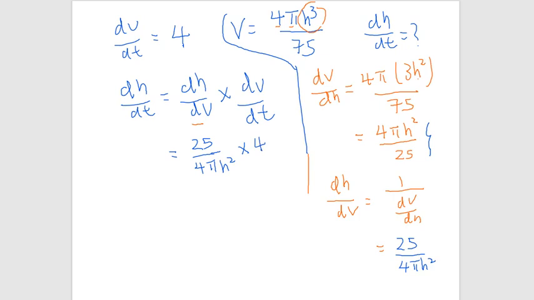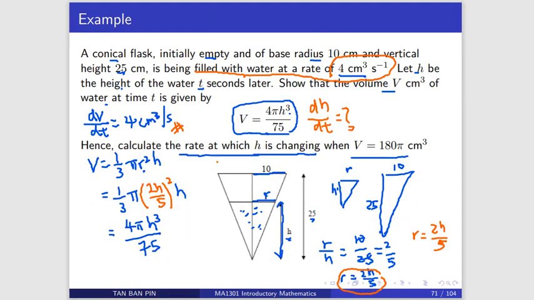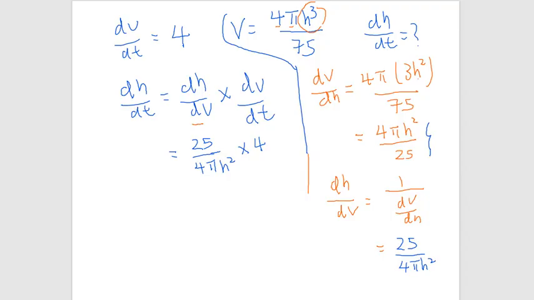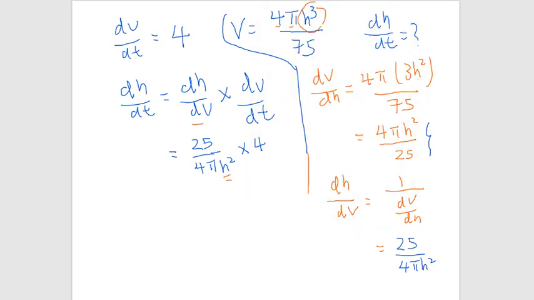And you need more information. The question says you want to find the rate of change of h at V equal to 180 pi. So you must use this to find h. In my working, we still have to know what h is to find the answer.